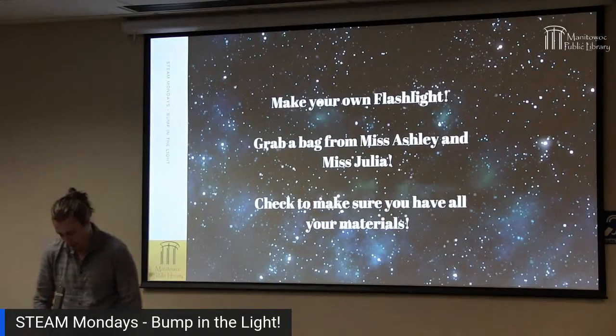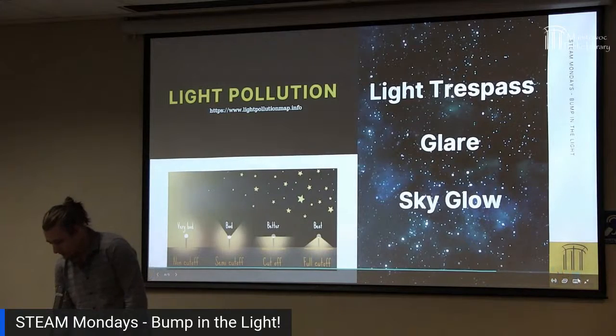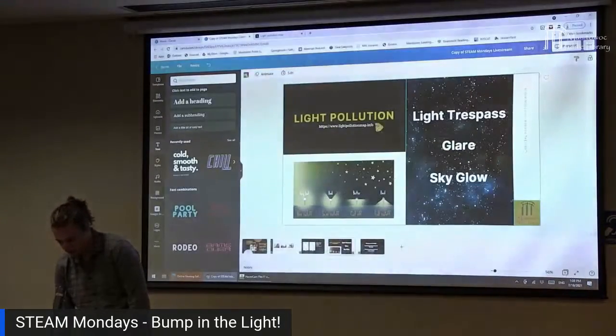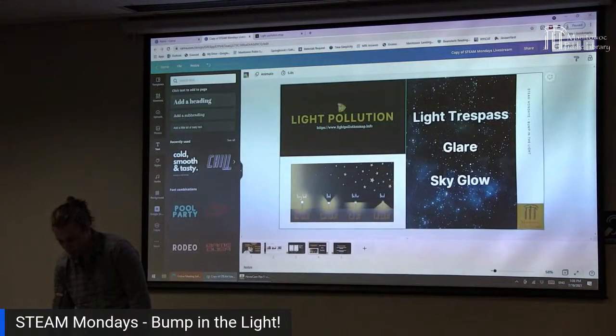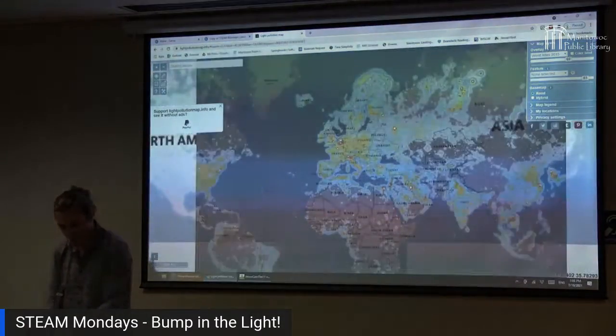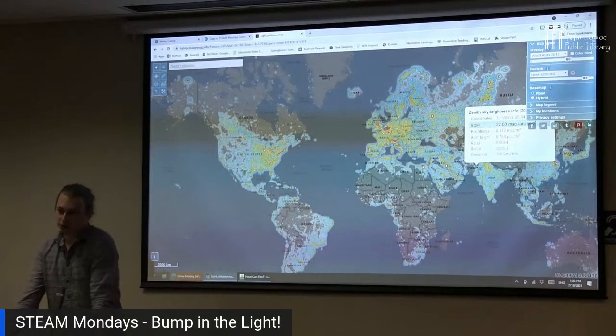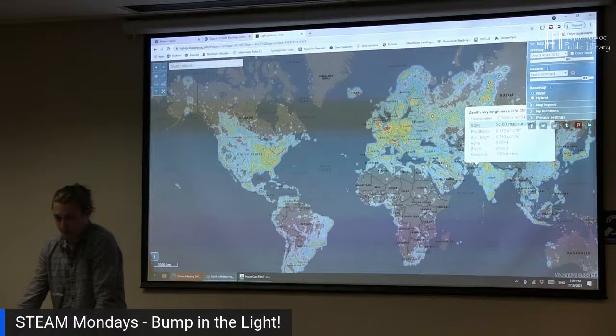So I pull up my keyboard here. There's a handy dandy map that we can use to see where the light pollution is the worst. So here in Manitowoc, how bad do you think light pollution is? Probably higher than normal.